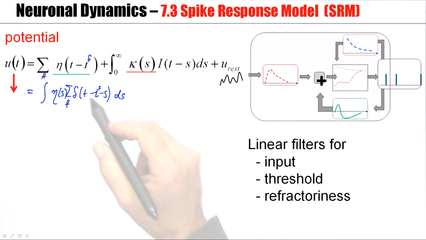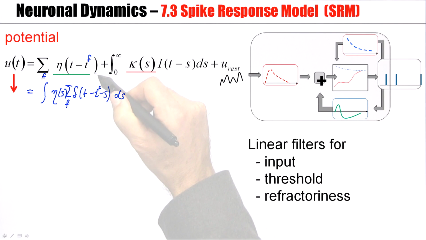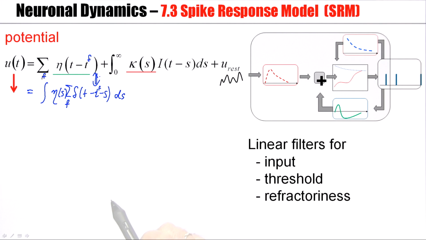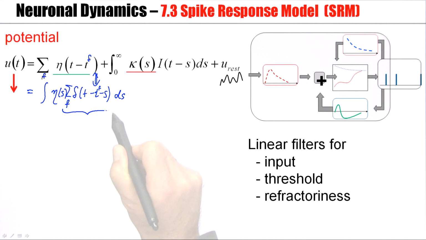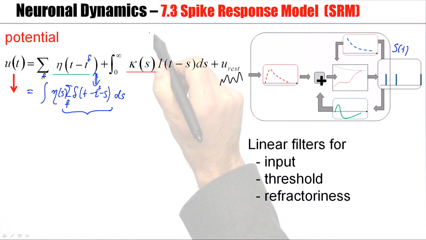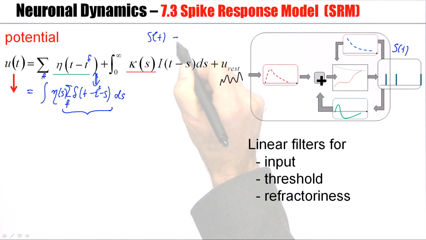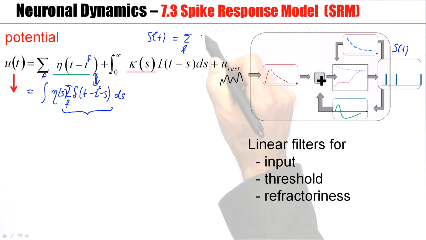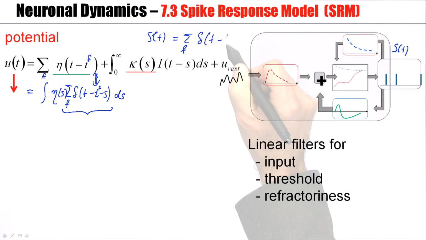So the two expressions are completely equivalent. Now the advantage of writing it this way is that this really is the spike train. This is my spike train S of t. What is S of t? S of t is the sum over all spikes, over all spike events.